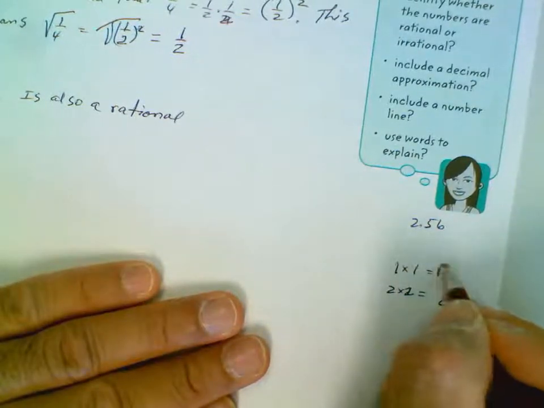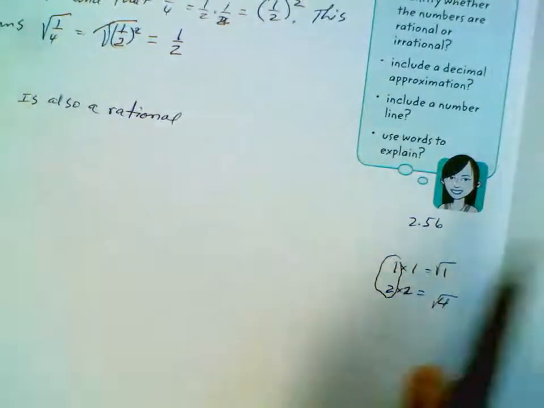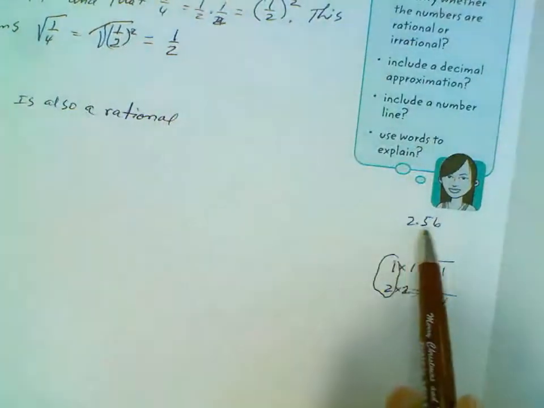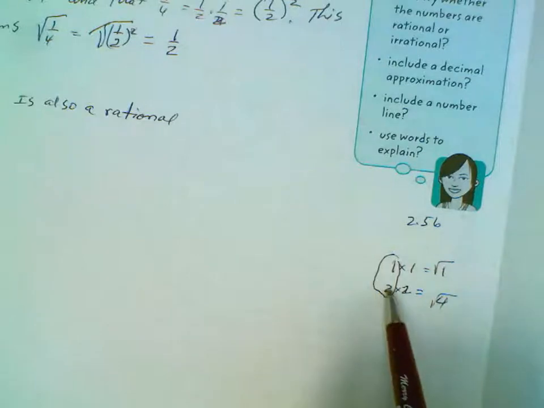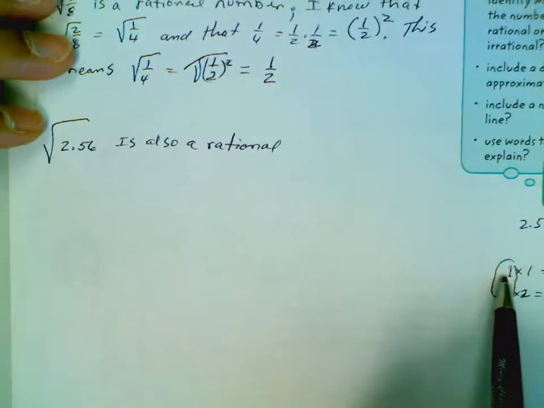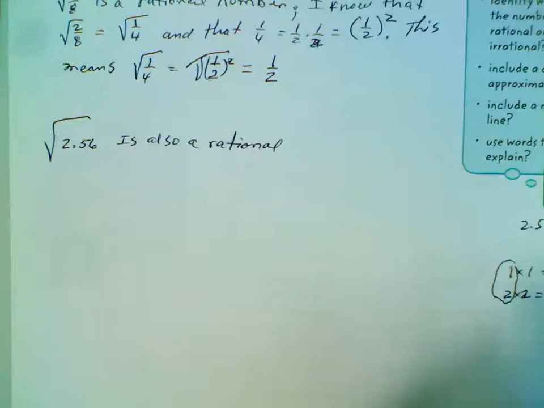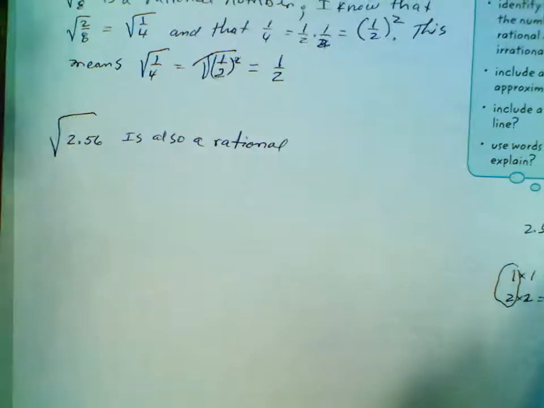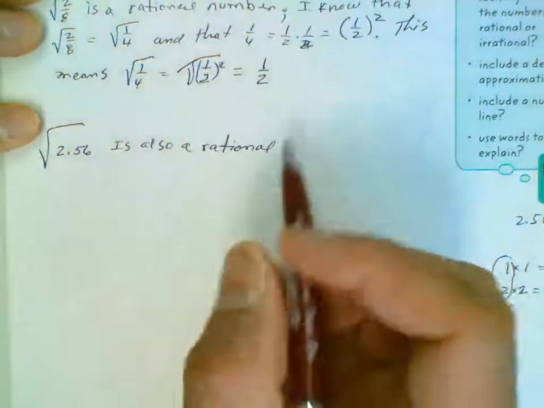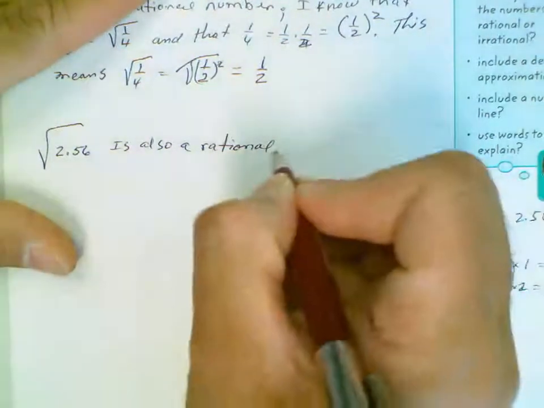So this number is between the square root of 1 and the square root of 4, or between 1 and 2. But it's 2.56, so it's closer to 2 than it is to 1. So let's try numbers like 1.5, 1.6, 1.7. Let's see how this works.